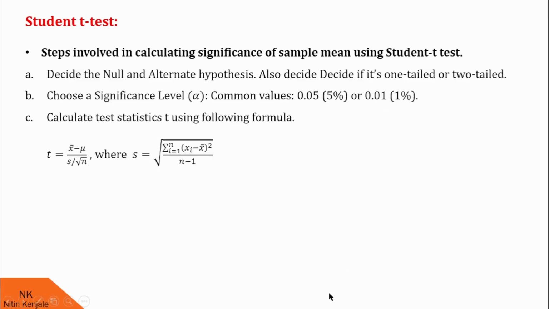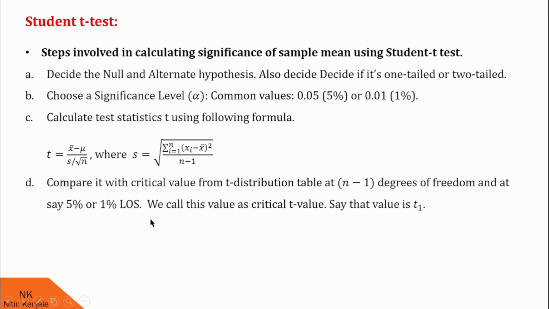In the next step, we calculate the test statistic using the formula t = (x bar minus mu) upon (s upon root n). In the next step, we find the critical value from the t distribution table at n minus 1 degrees of freedom and at 5% or 1% LOS, whichever is mentioned in the question. We will call this the critical t value, denoted by t1.